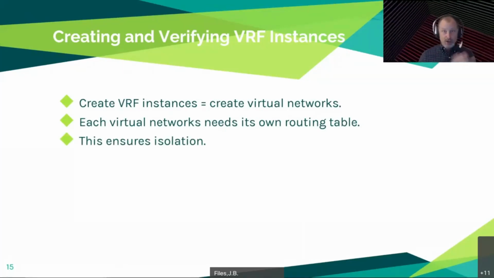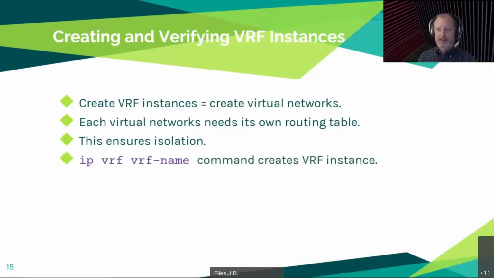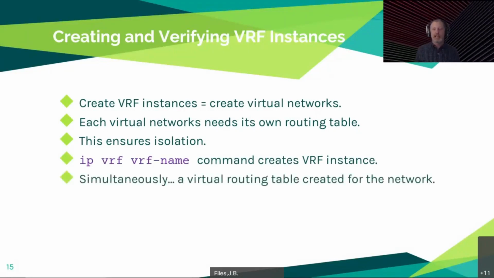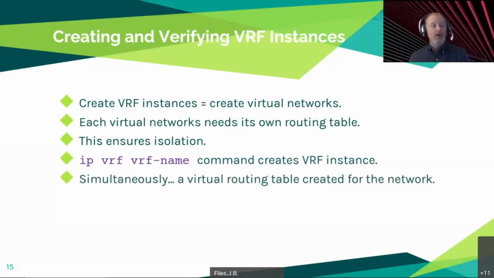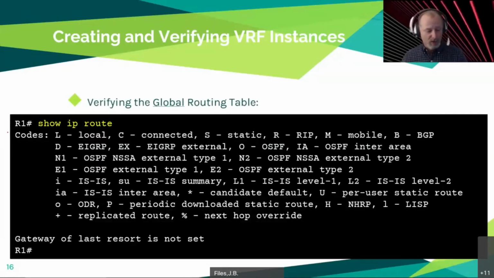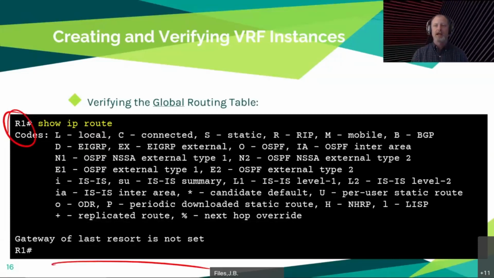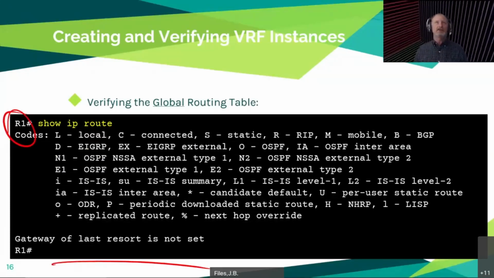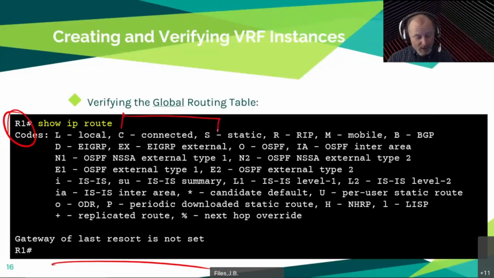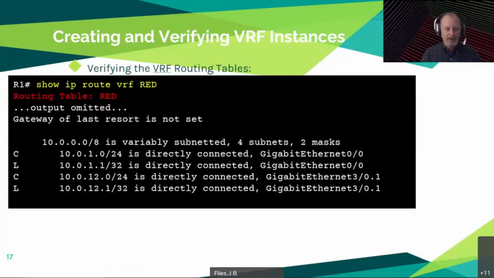So again, as a reminder, to create the VRF, you just do IP VRF and then the name of it. At that point in time, a routing table is created for it. To look at the global routing table, you do show IP route. We're doing this on R1 and we can see it's empty. If we need to do this for a VRF, we do show IP route VRF red.